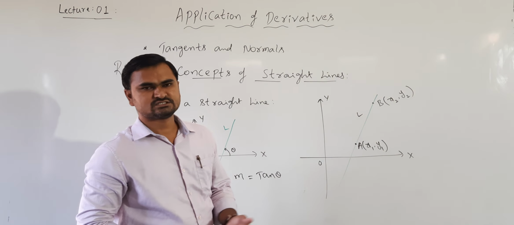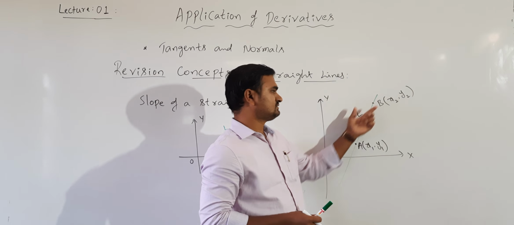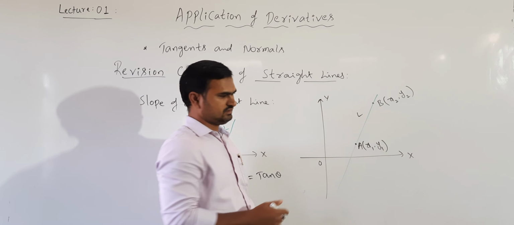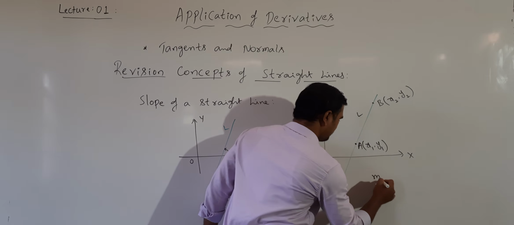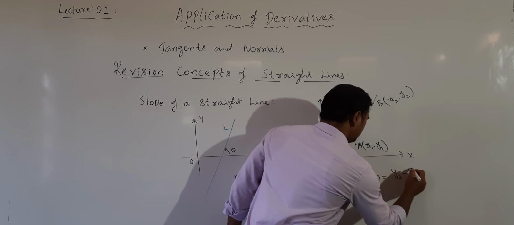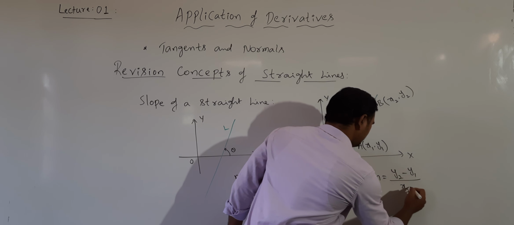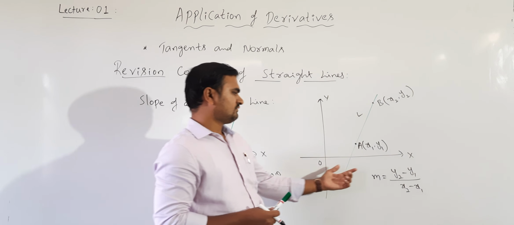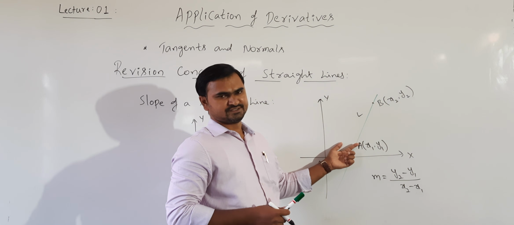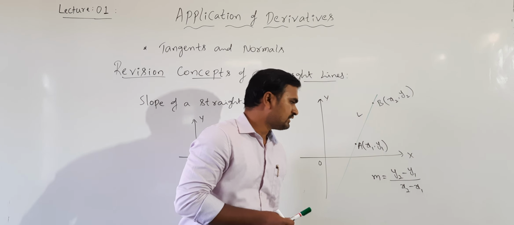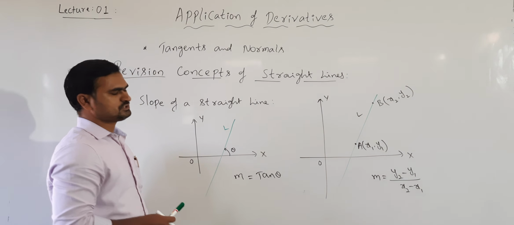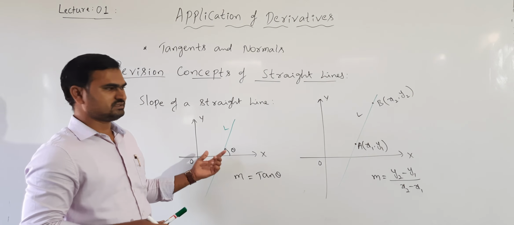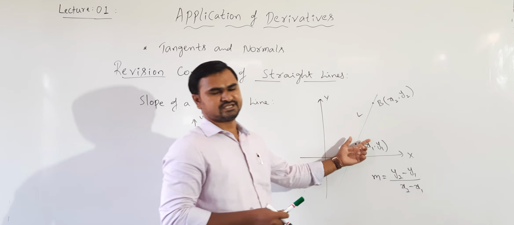So how do you find the slope of line which is passing through these 2 points A and B? So using the formula, slope m equal to (y2 minus y1) divided by (x2 minus x1). Okay, slope of line which passes through two given points, m equal to (y2 minus y1) divided by (x2 minus x1). So this is about the slope of a straight line.